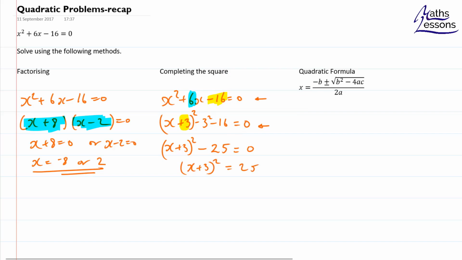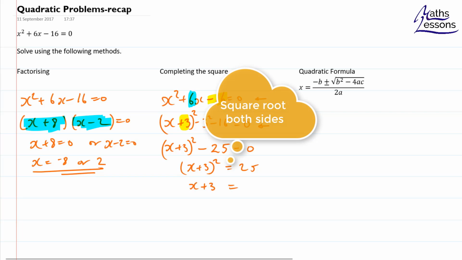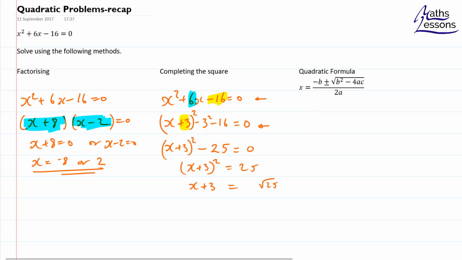A common mistake is to try and get things to the other side here and try and get x on its own. It's not possible here. We have to complete the square or factorise to get x on its own. And then we find the square root of 25. But because this is squared, any number squared, if it's positive, will equal that number, and if it's negative, will equal that number.